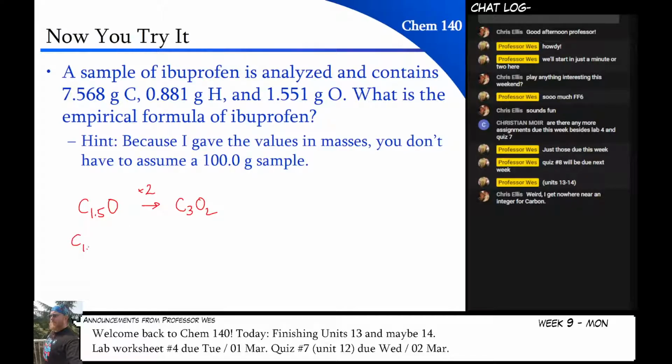What if you had something like this? Then that would be times 3. And then same thing if you had this, you could times that by 4. And so on and so forth.